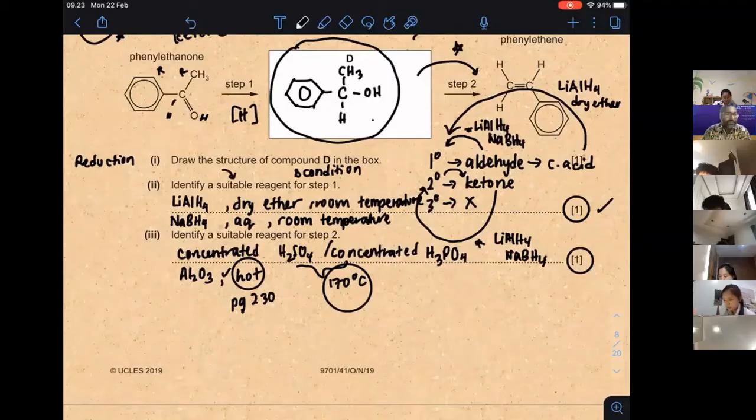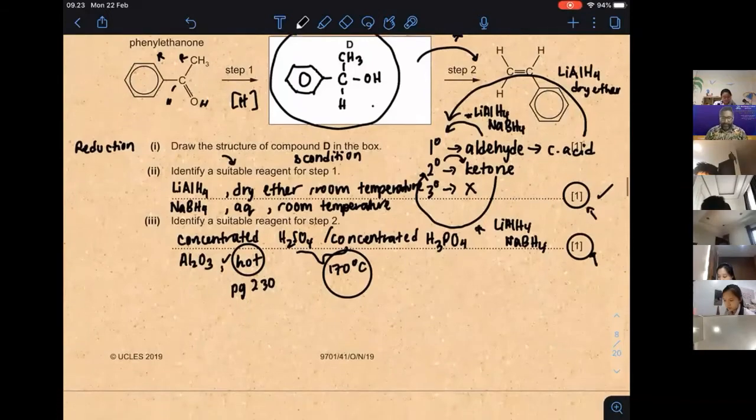So to help students, the people who prepare the test paper suggest to only test the reagent, but the mark is maintained. But sometimes they feel they really need to test the condition, then they will. In this case, the condition is not given importance for this particular question.